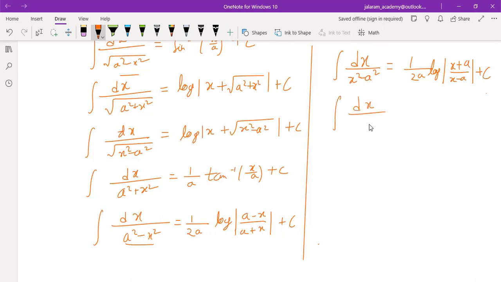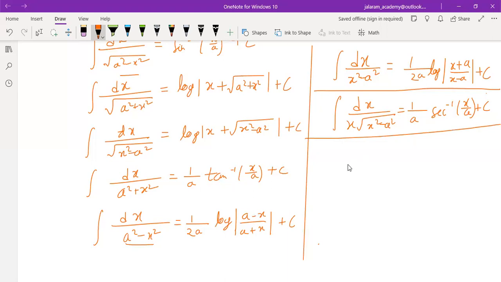And dx upon x root x square minus a square equals to 1 by a sec inverse x by a plus c. Is that clear to you?